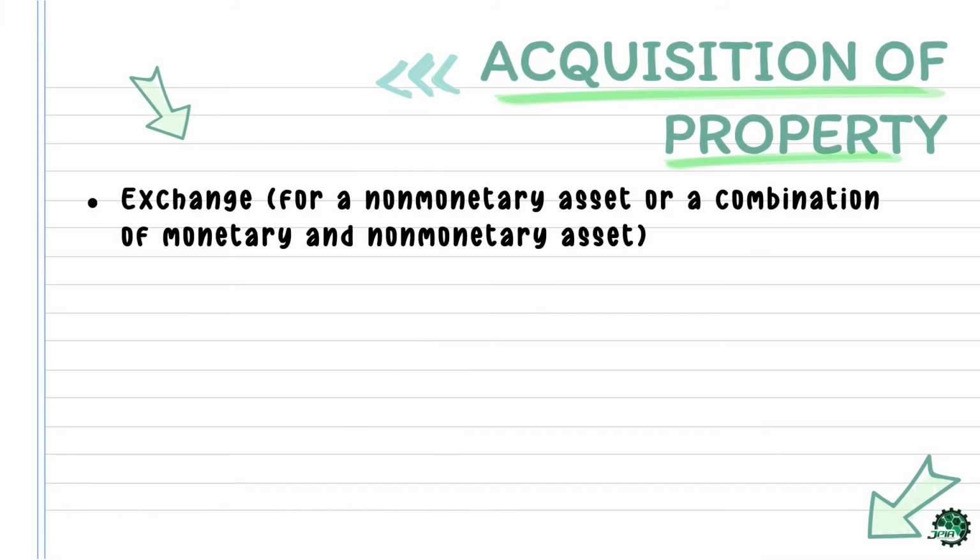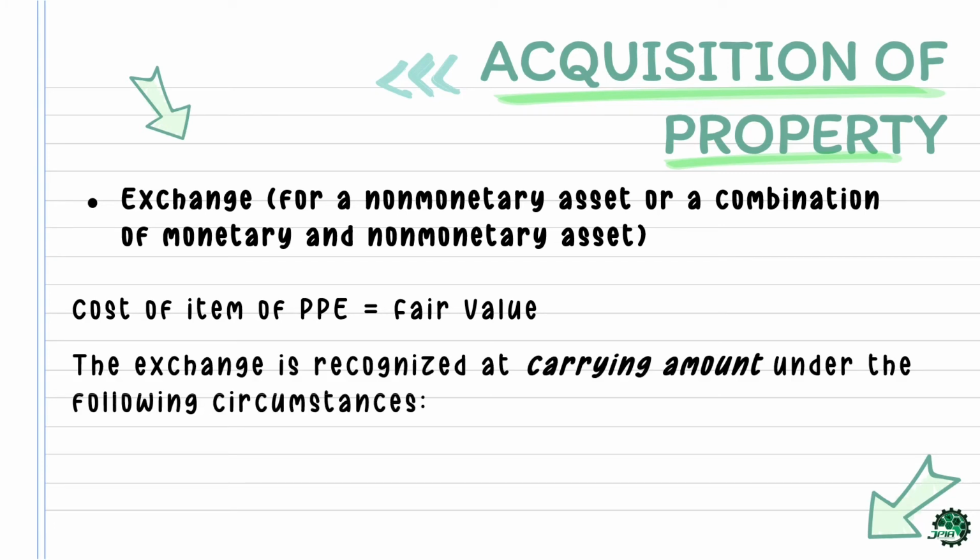Next, if there is an exchange for a non-monetary asset, okay, or for a combination of monetary and non-monetary asset, the cost of that PPE is the fair value. Let us remember, fair value when there is an exchange of non-monetary asset. Okay?